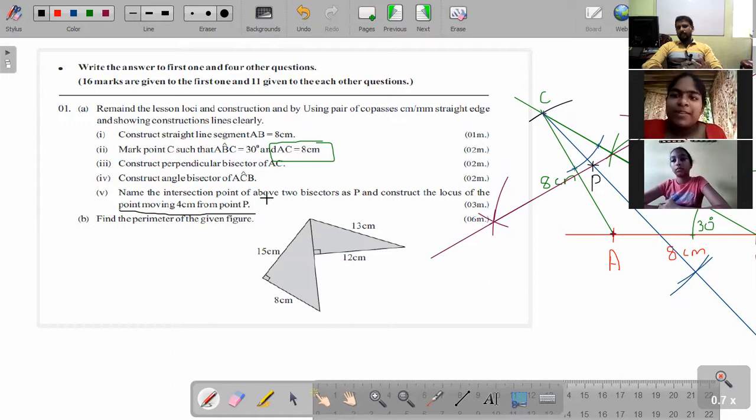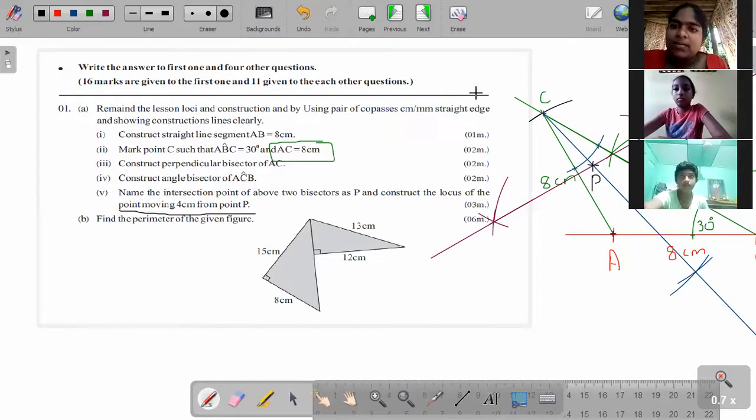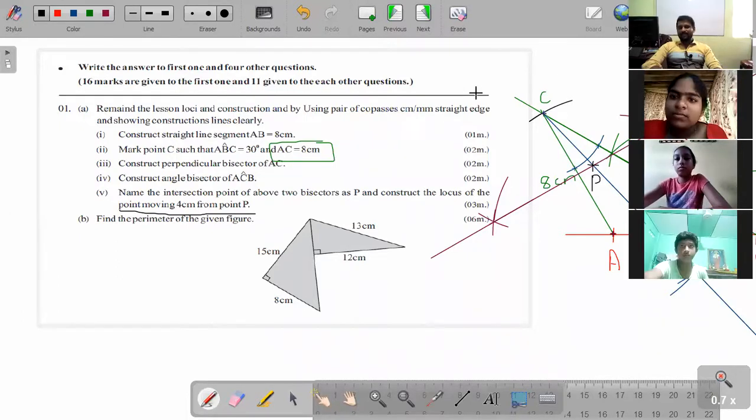Circle, perpendicular bisector, parallel line, angle bisector. What is the locus of this one? Can you think? What is the locus? Give the answer. What is the locus?